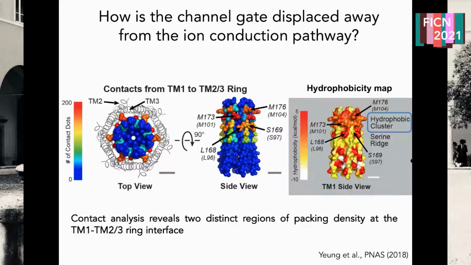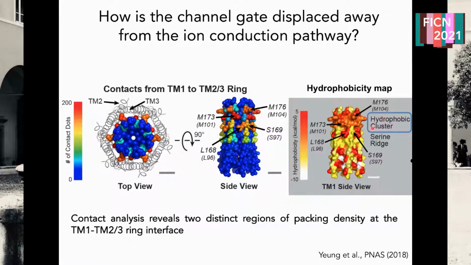They were all extremely strongly hydrophobic, and that's to be contrasted with, as you go further into the cytoplasm, you get these alternating stripes of hydrophobic and hydrophilic residues that seem to have unique roles in gating the channel open.